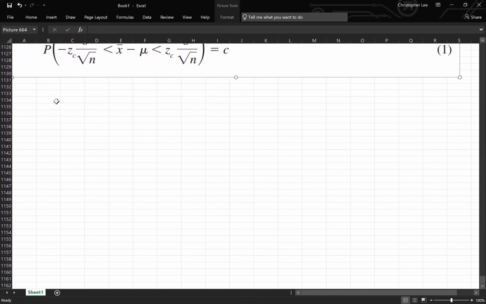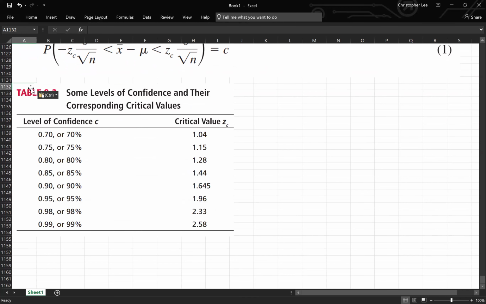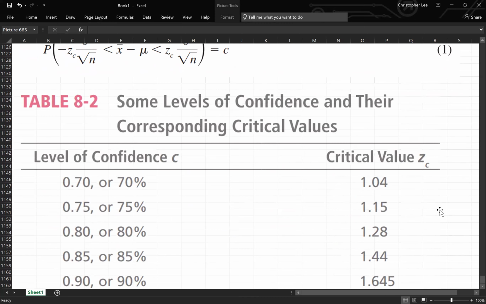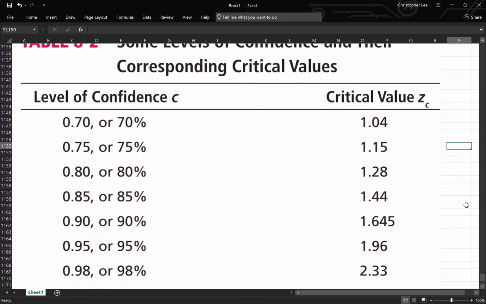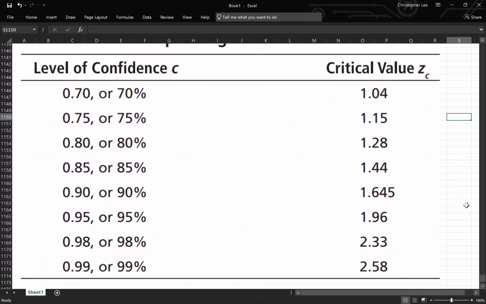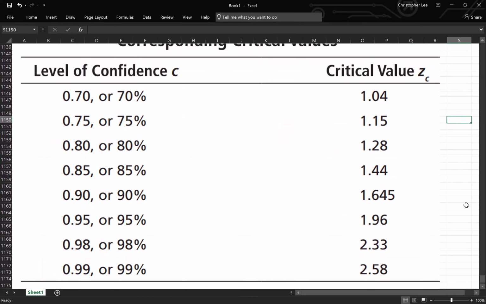Real quick, let me show you this table that you all have in your formula sheet. It's table 8.2, right? These are some of the levels of confidence and corresponding Z values. So for a confidence level of, let's say, 75% or 0.75, you can say that the Z critical value is 1.15, right?